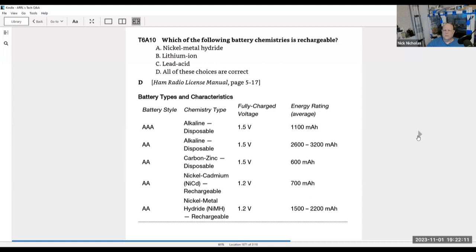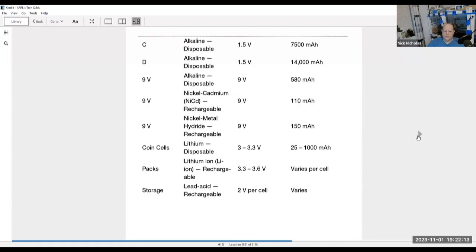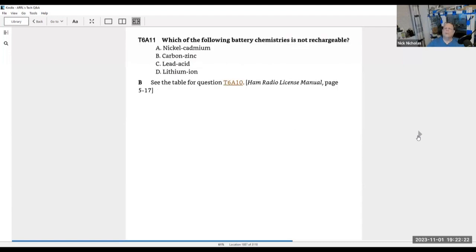C and D size. But anyways, that pretty much answers that question. Which of the following battery chemistries is not rechargeable? Your standard old style battery is B, a carbon zinc battery. Once that reaction completes, the electrolyte paste loses all the energy and it's done with.